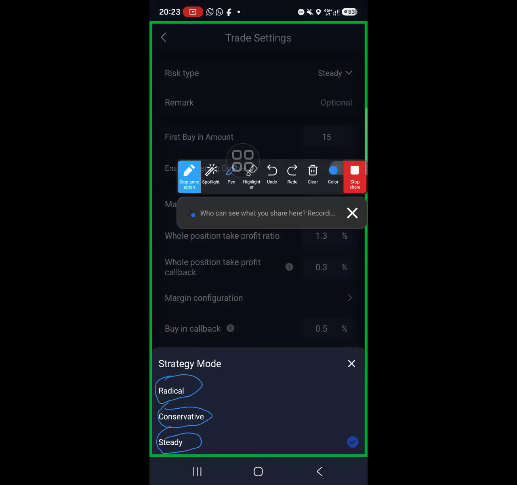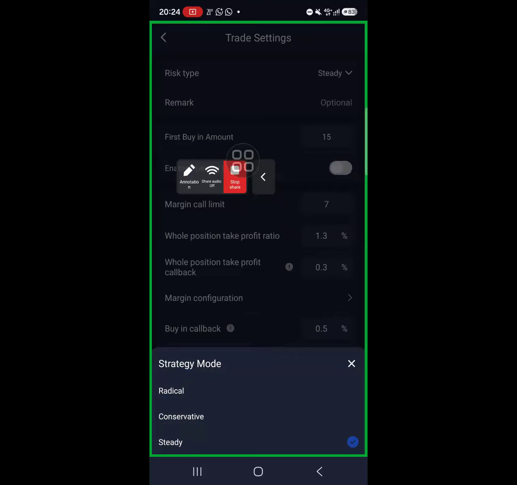The difference between radical, conservative, and steady is in the margin call configuration, in terms of margin call drops. That is the only difference. So when you tap on radical, for example, I want to choose radical.